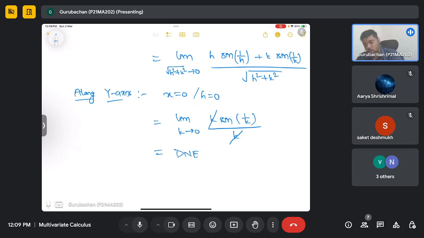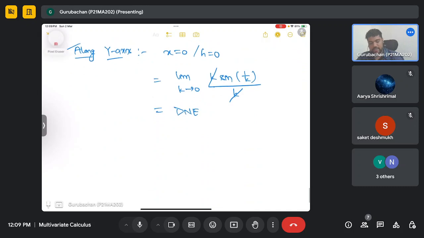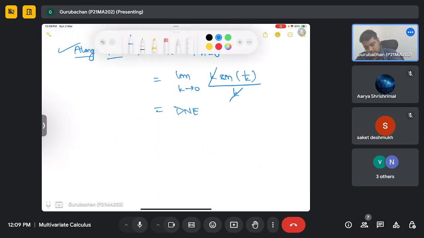If along one path it is not existing, that means this whole limit is not existing. Since it is not going to 0, we can conclude that f is not differentiable, particularly at 0, 0.